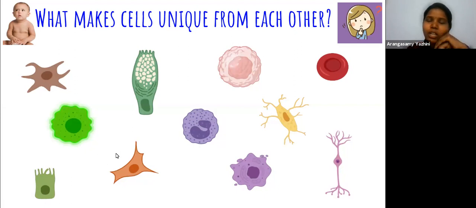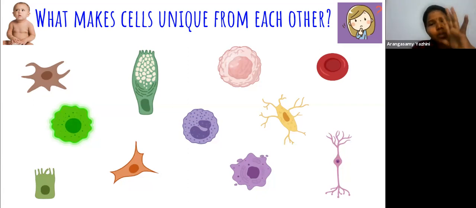Haven't you wondered, we are eating the same food, distributed all over the body, but the cells in different regions decide to perform specific functions and take specific shapes? What determines the cells to say, you do this function, you take this shape, and so on? This is an interesting question.